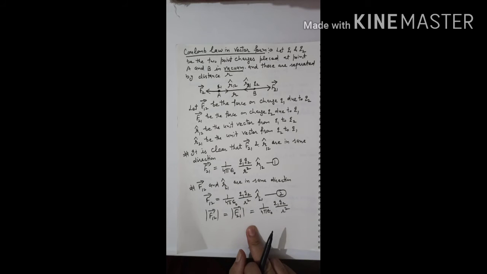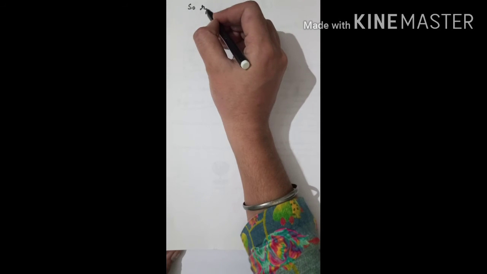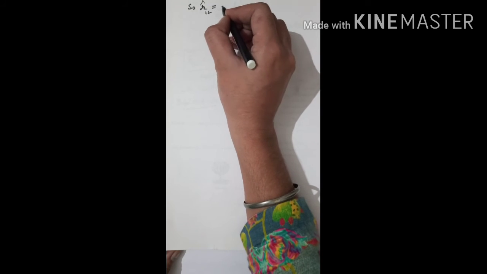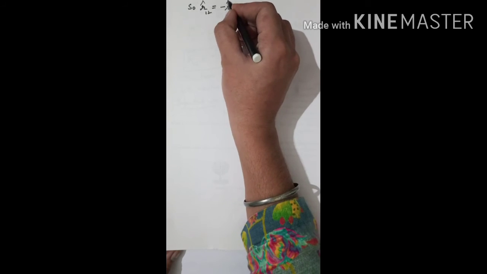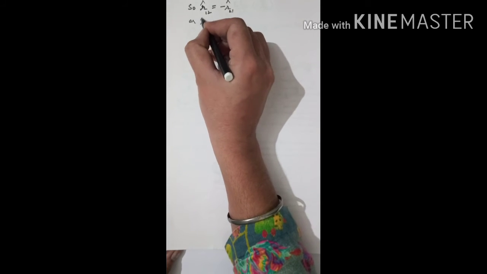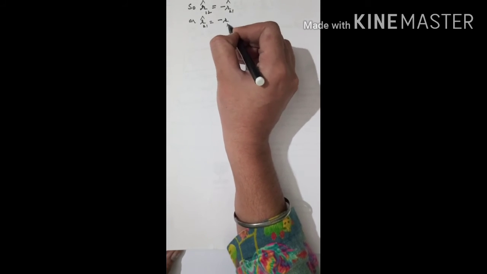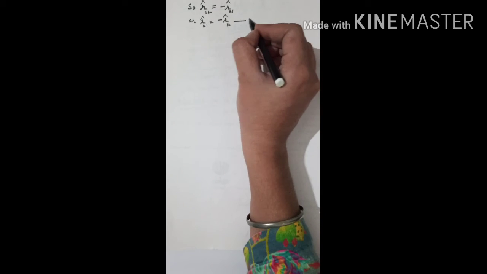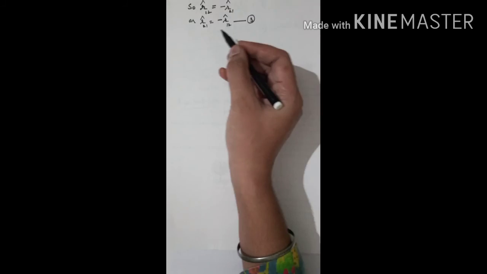This is the magnitude only. So r12 cap is equal to minus r21 cap, or r21 cap is equal to negative of r12 cap. Say that this is equation number 3.